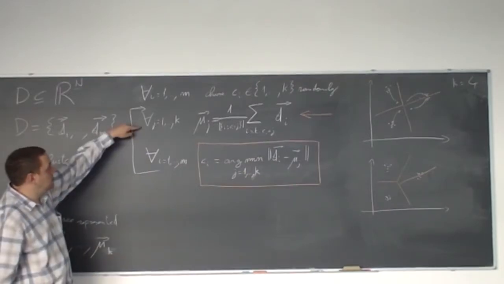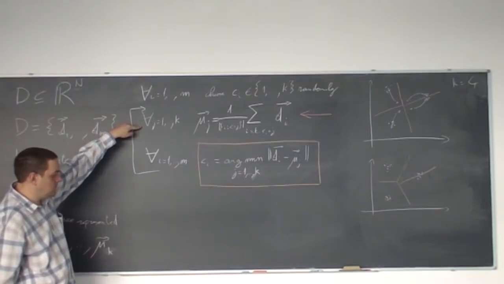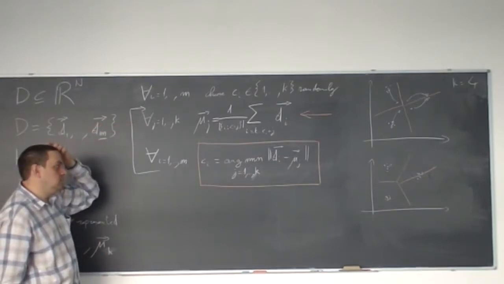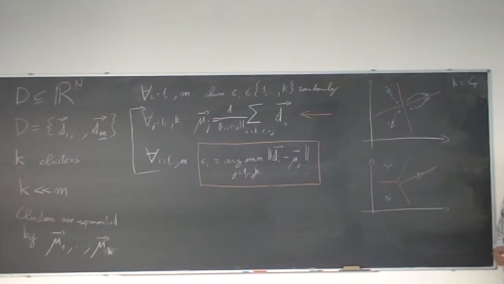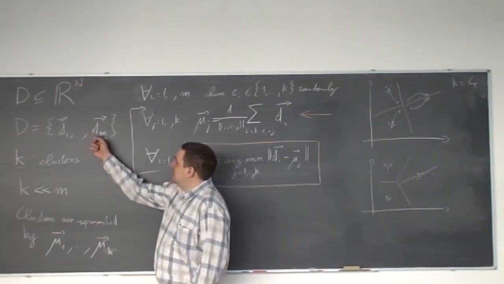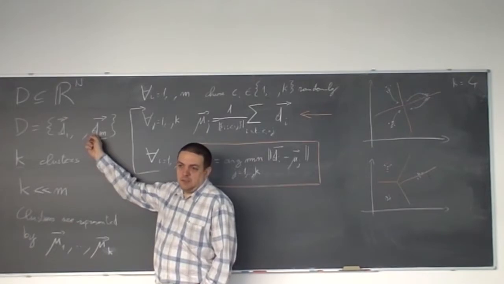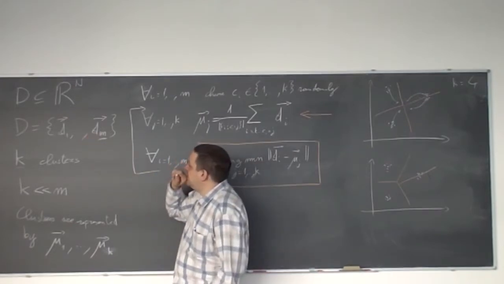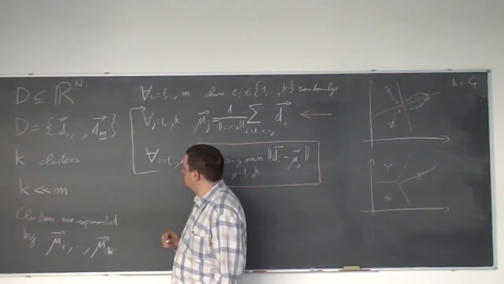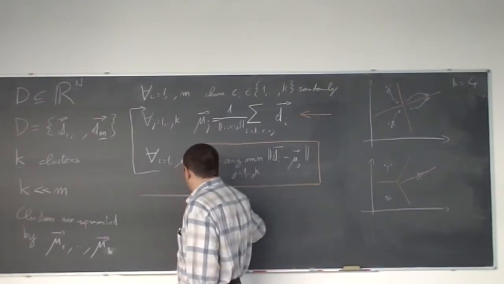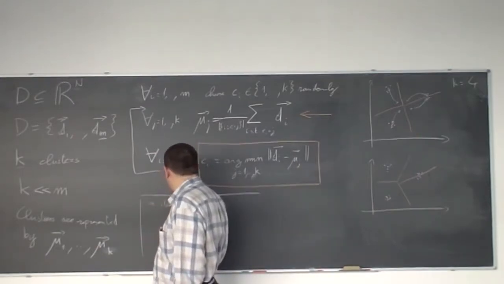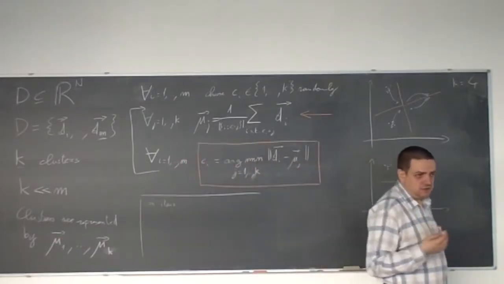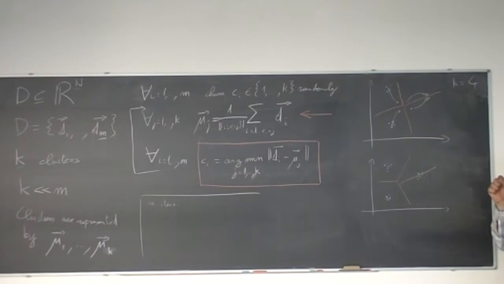the agglomerative procedure, if we have m elements, but maybe I can show you. The idea is that if we have m items, then for the agglomerative procedure we need to find the two closest items.